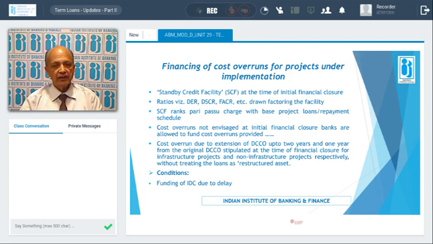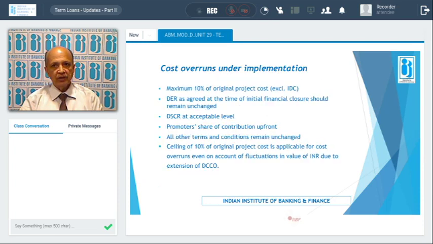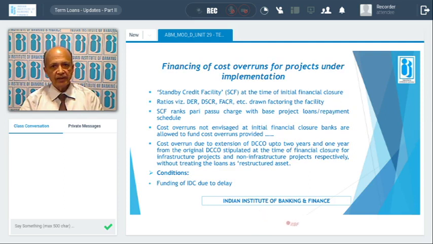First, the condition concerns IDC, interest during construction. In that case, it can be financed separately.